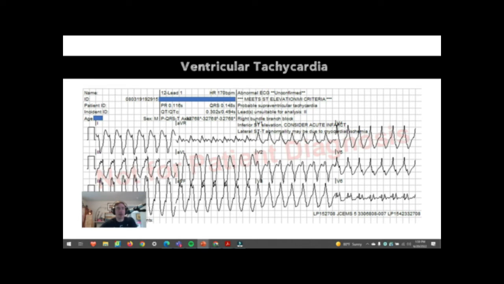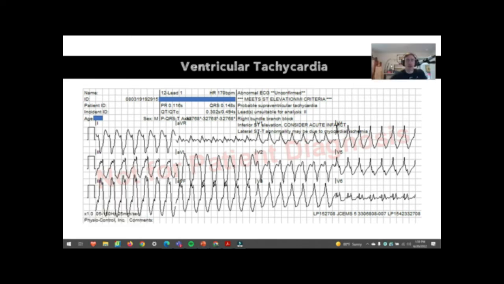Now, what about ventricular tachycardia? How do I know this is VTach? Well, I'm not 100% sure, but it's really wide, right? It's wider than I would expect for SVT with aberrancy to be.